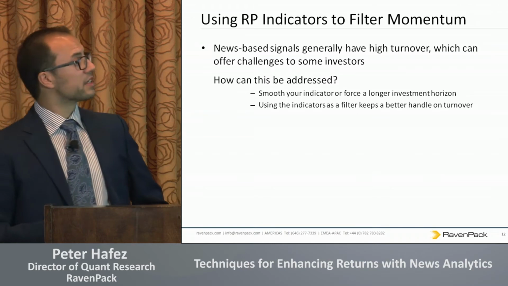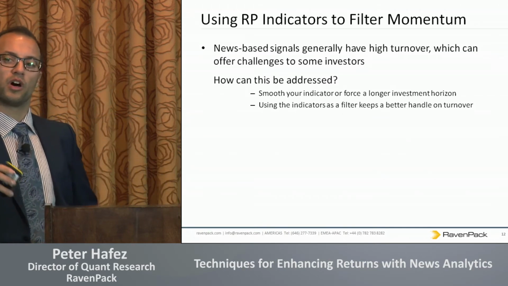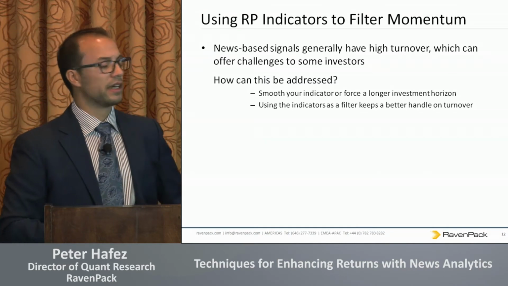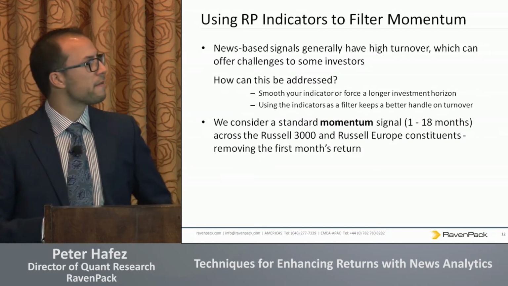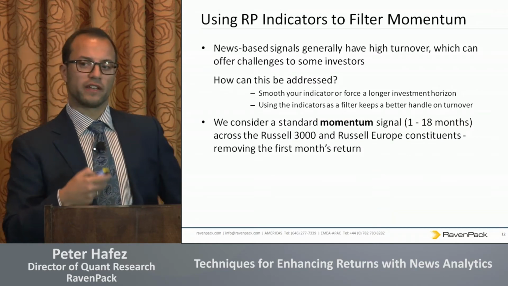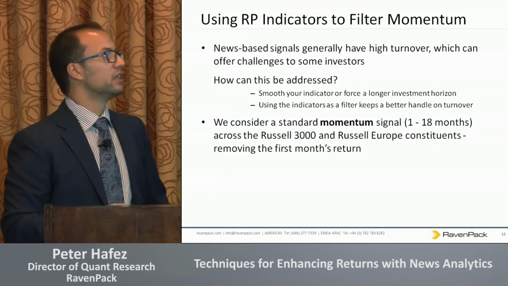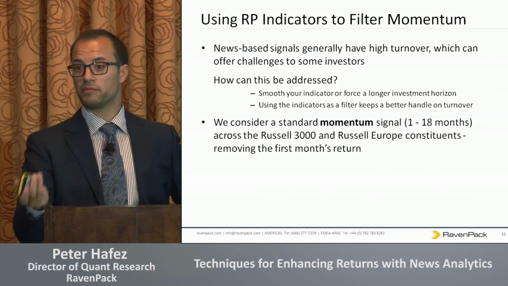In this particular example that I will show you now, we are focused on momentum. So trying to filter momentum with sentiment. We consider, again, the Russell 3000 and the Russell Europe universes. We first of all create a standard momentum signal. So we apply different formation periods from 1 month to 18 months.